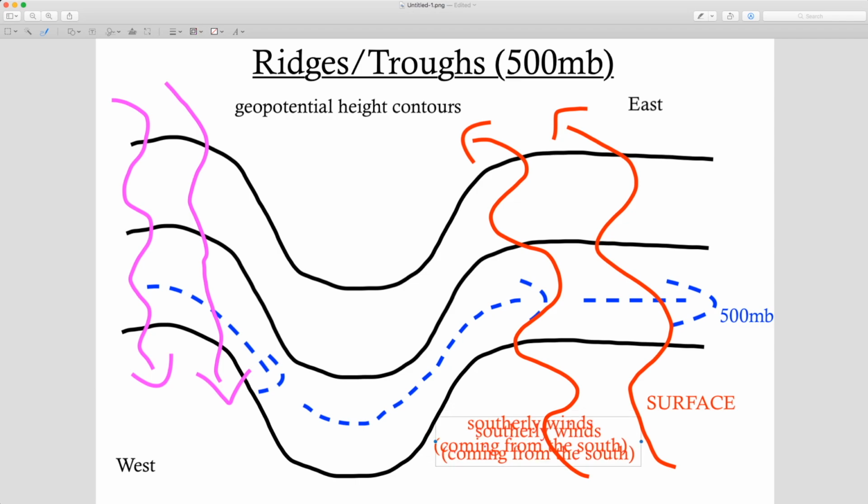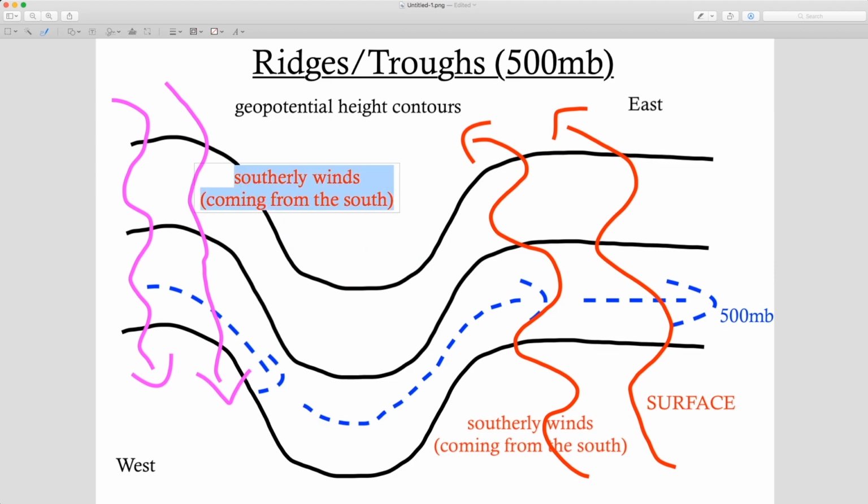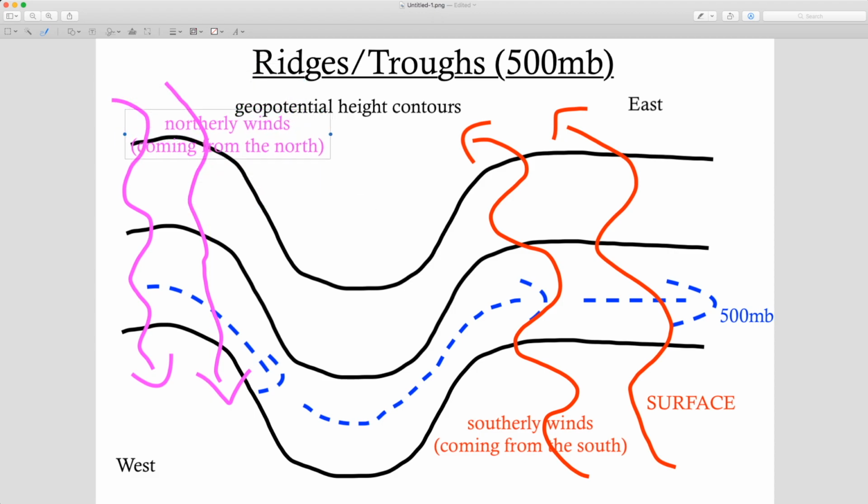So I'm going to just leave it at that for now. It's just memorize this. And these are northerly winds, coming from the north. Not this north.